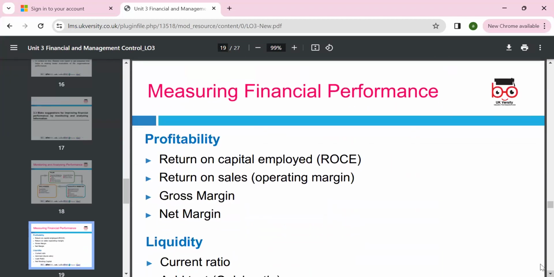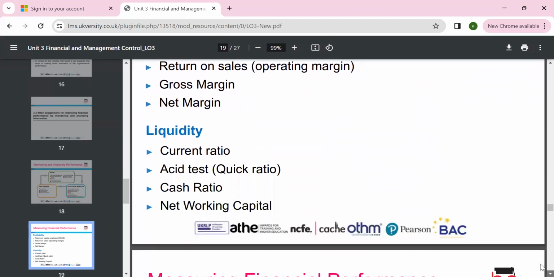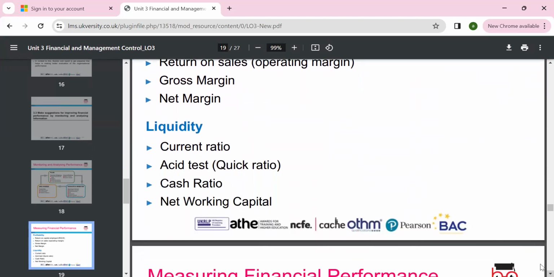Okay. Meeting the performance: return on capital employed, we can calculate the ratios. We can look around the return on sales, operating margin, gross profit, gross margin, net margin, liquidity, current ratios, asset ratios, cash ratio, net worth capital.